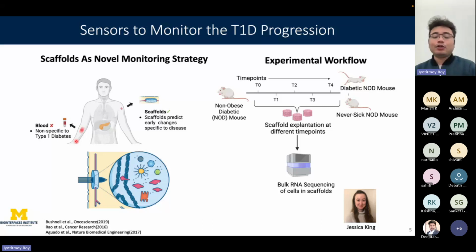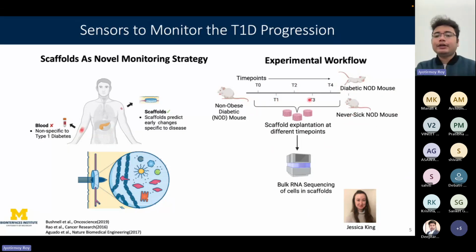And what we did is as follows: we implanted the scaffolds underneath the skin of these mice. We started with a cohort of 20 mice, and we explanted them at 5 time points, starting from T0, which was around 6 weeks of age, then T1, T2, T3, T4. T4 is the final stage where some of the mice have become diabetic and some have not.